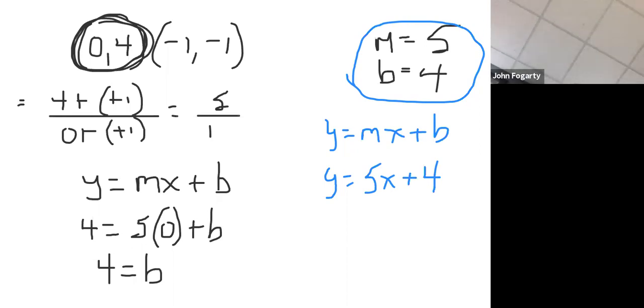So now I'm going to give you one that's relatively difficult, right? I want you to write the equation of the line. So what did I just say? The equation of a line. So what do you need? Y equals mx plus b. You need the slope and the y-intercept.